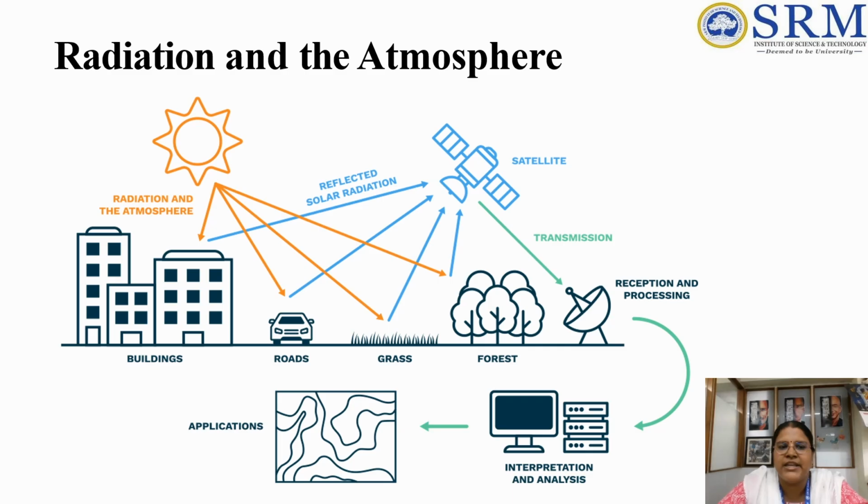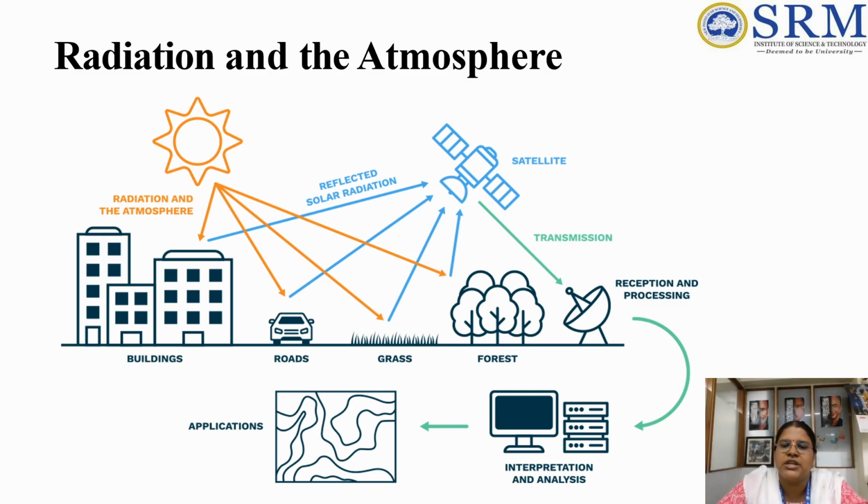Once the radiation and the atmosphere are in contact, different sources of energy are emitted which will be hitting the target on the earth as well as in the atmosphere. Once the target is hit by the energy, for example buildings, roads, grass, forest, etc., the energy will be reflected back as solar radiation to the satellite, and then the satellite will transmit this information to the reception and processing in the ground station.